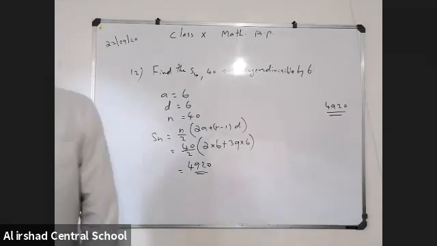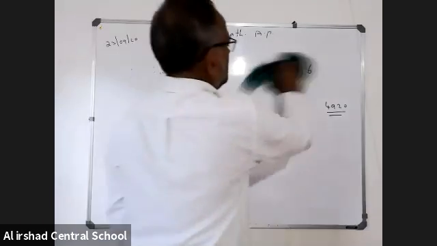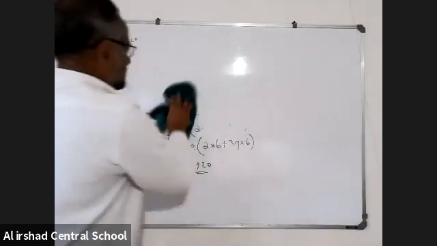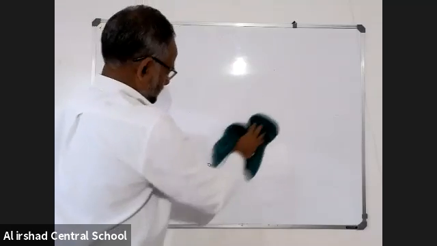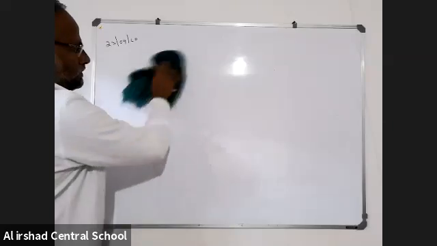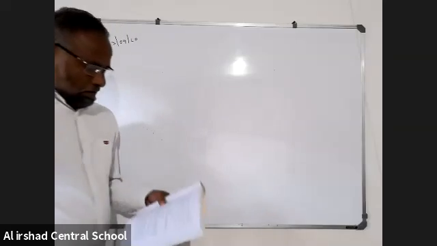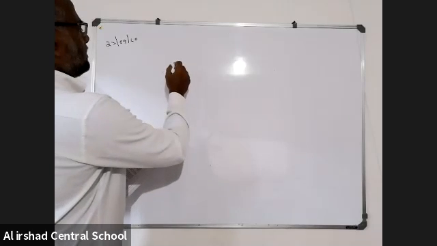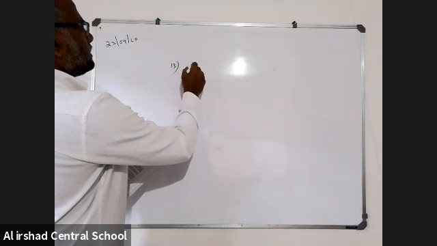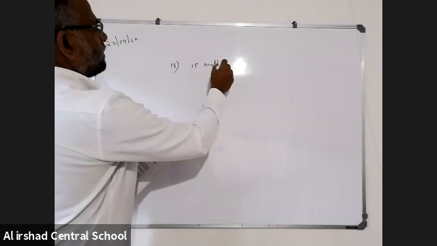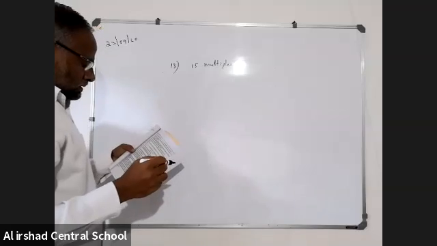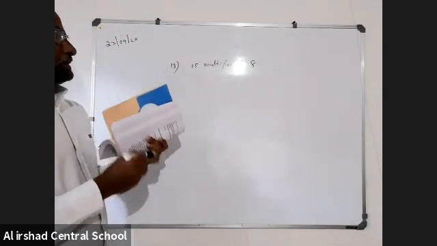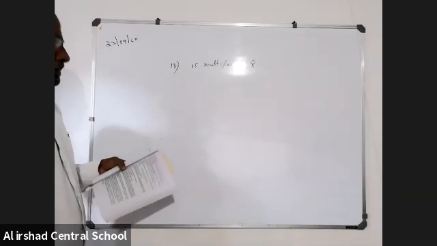Find the sum of the first 15 multiples of 8.